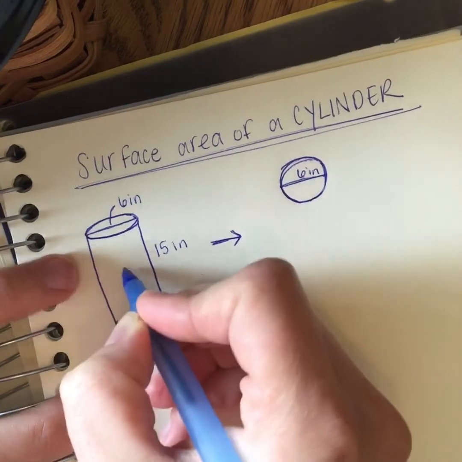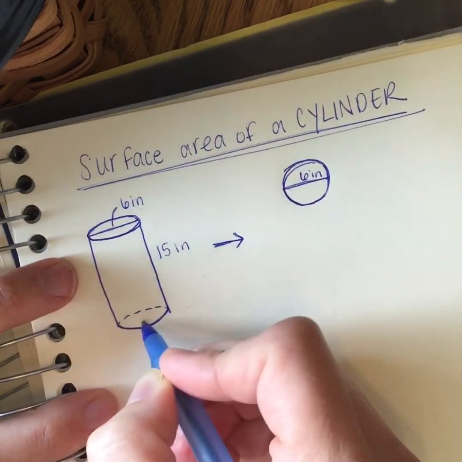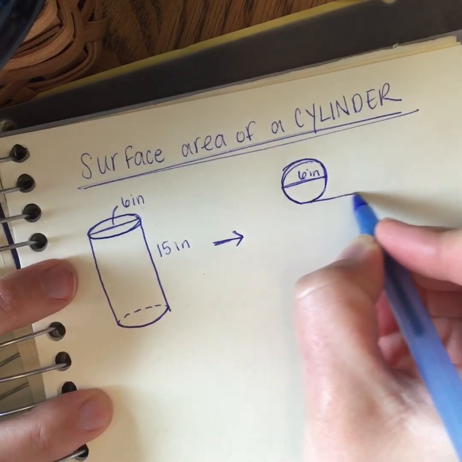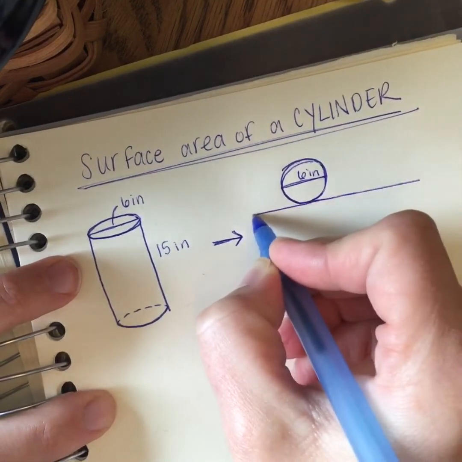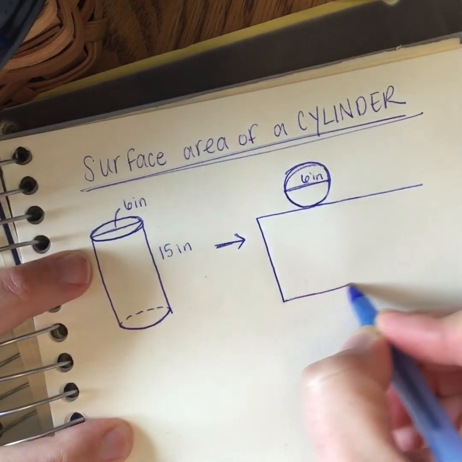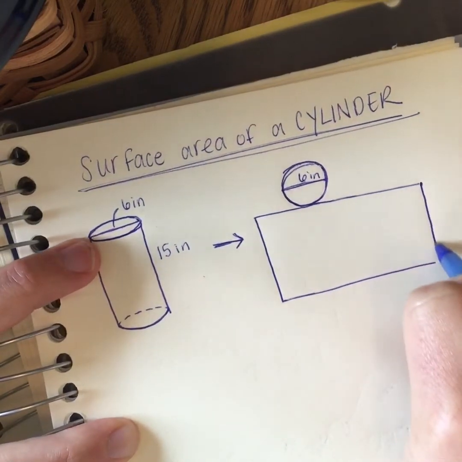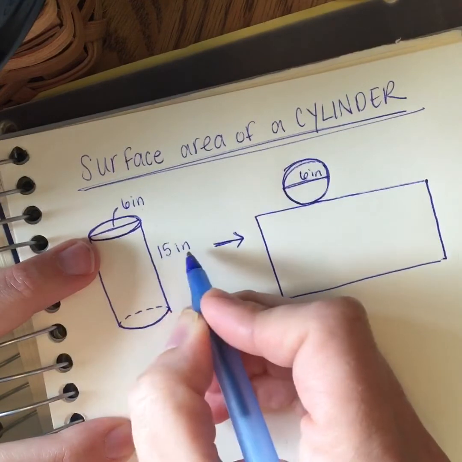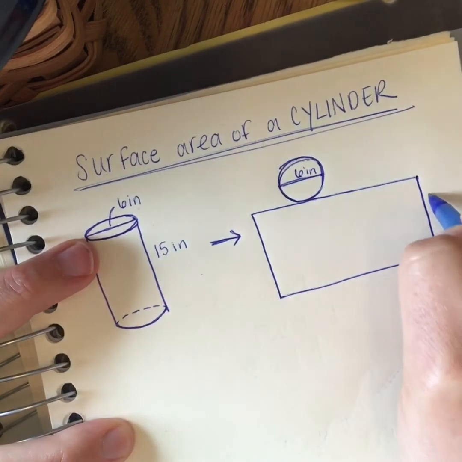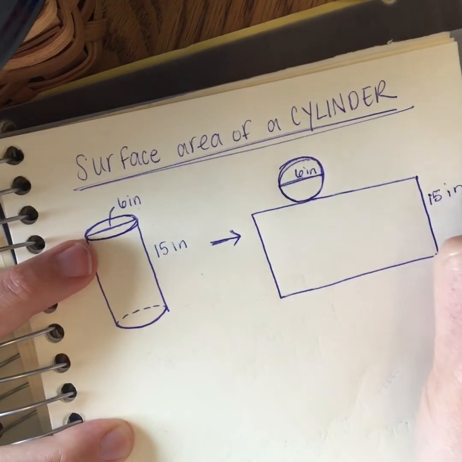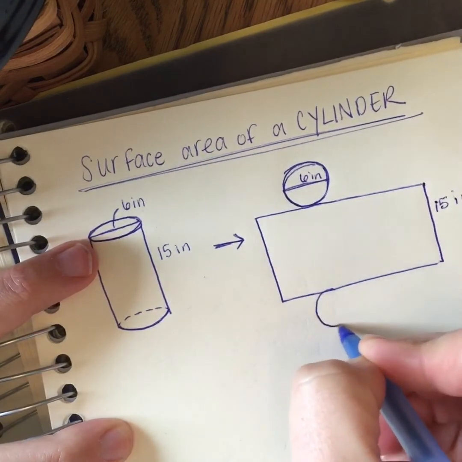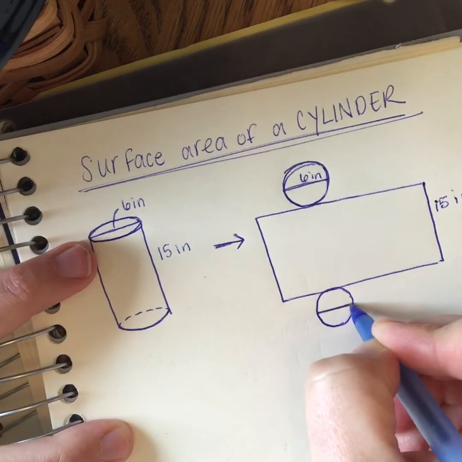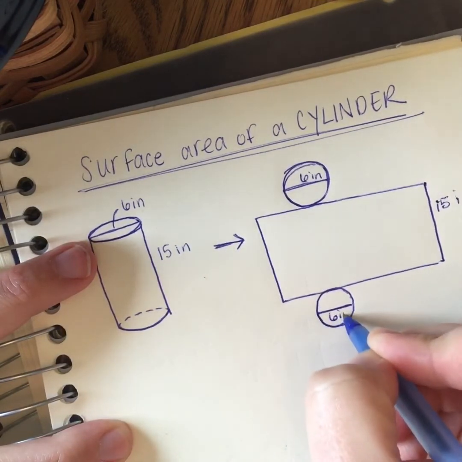And then I told you that this outside area is actually just one big rectangle. And the height of this rectangle is 15 inches. And then we have another circle down here, which is the exact same as the top, that is also 6 inches.